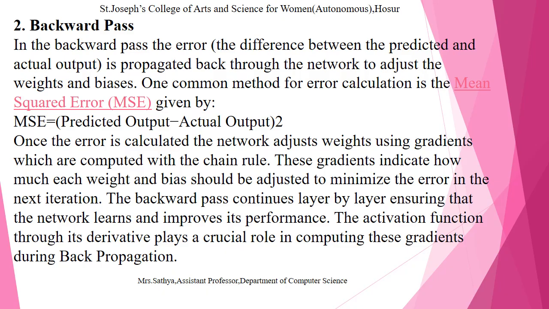For the error we use MSE, which is mean squared error: predicted output minus actual output, the whole squared, averaged, gives the mean squared error.